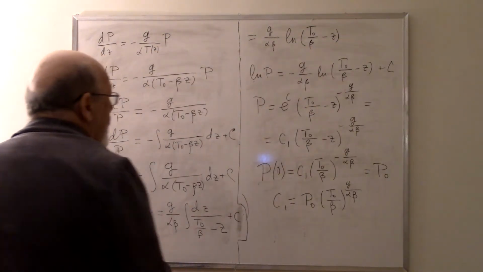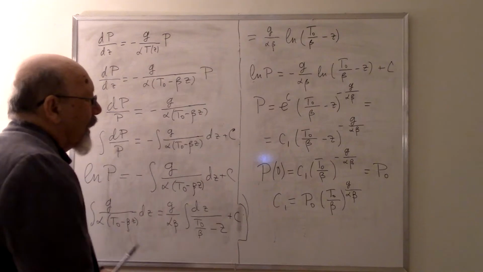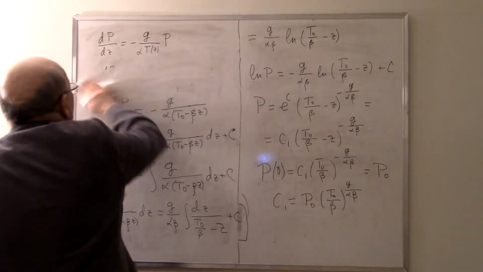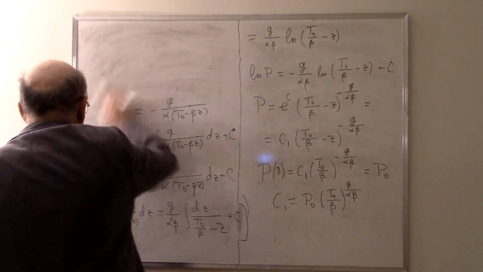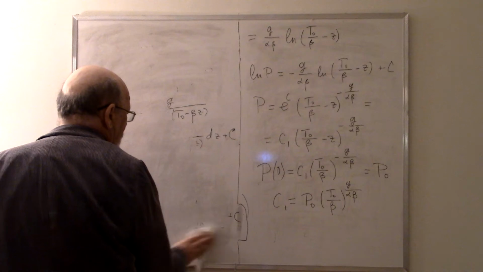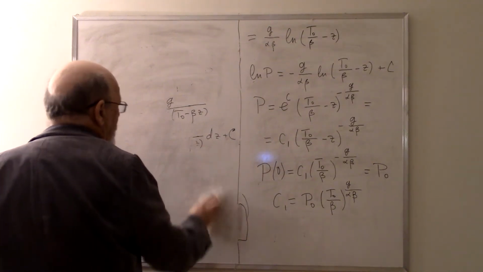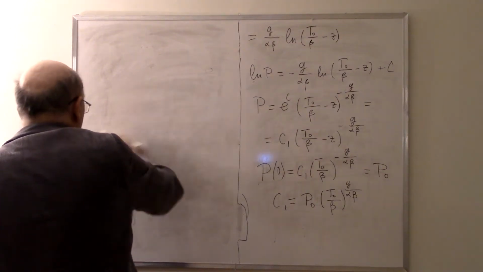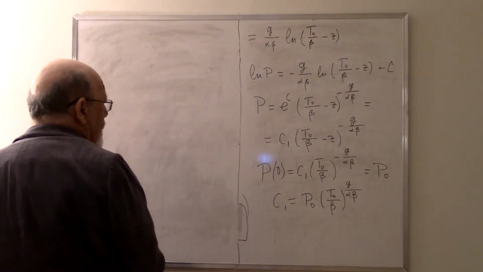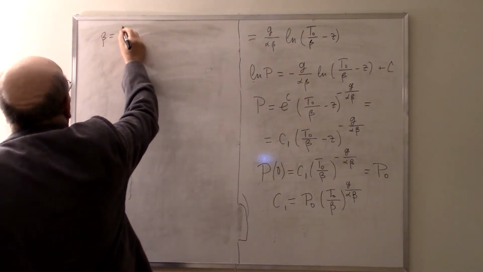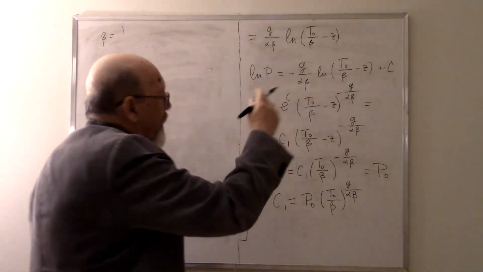Okay, now we have to say something about alpha and beta. Beta is the gradient of temperature.